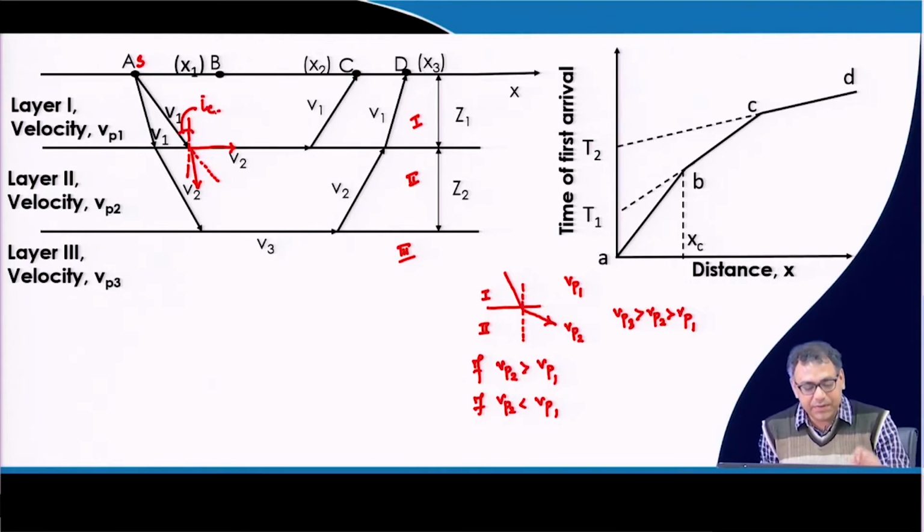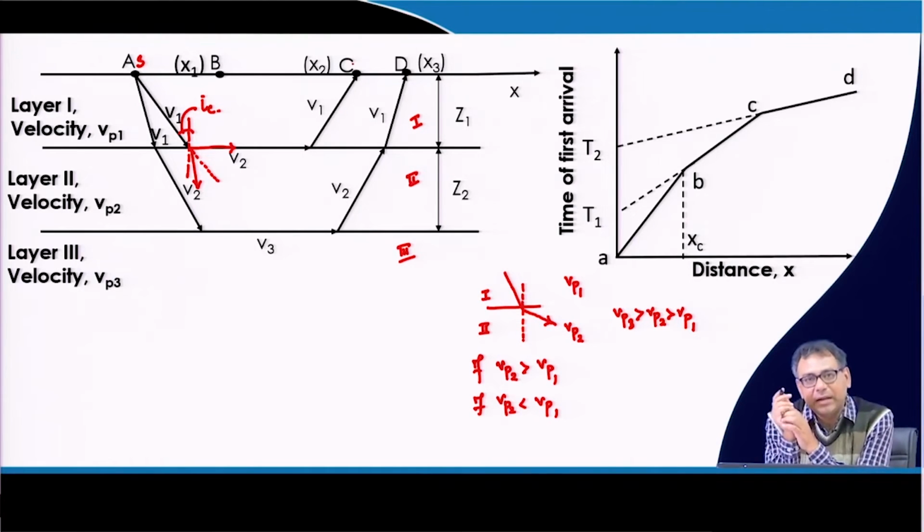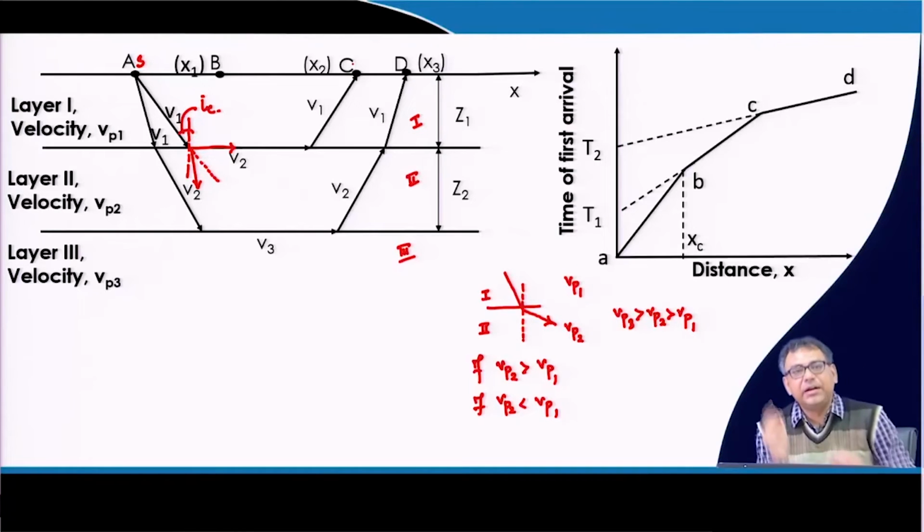If the angle at which this V1 ray intersects the interface between the first layer and the second layer is the critical angle, then only it will travel parallel to the ground surface and go to the second geophone. So this angle is the critical angle.